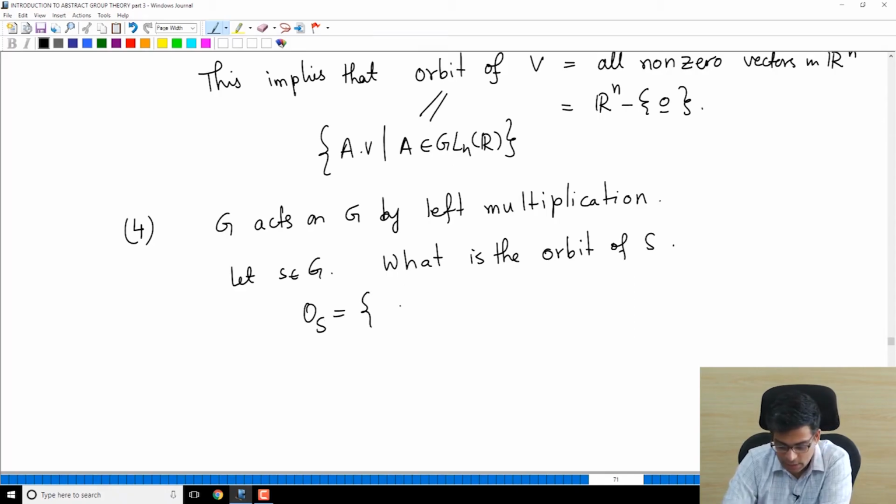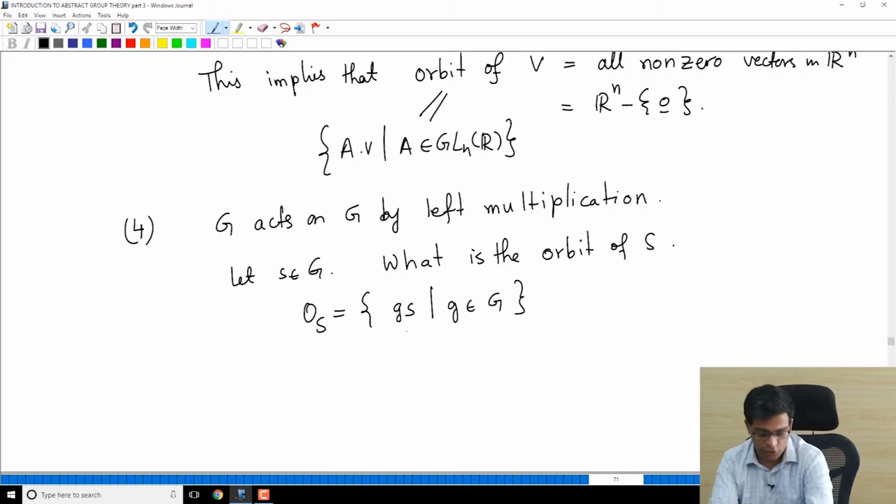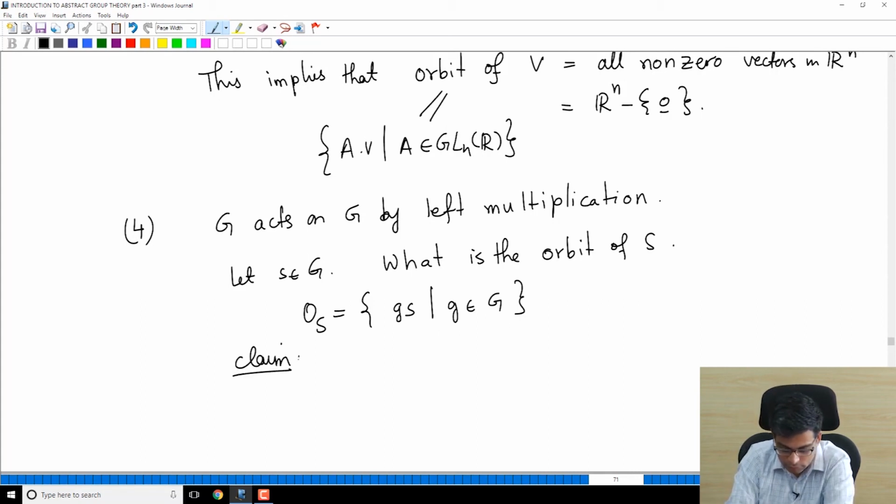Orbit of s is gs, because in this case the action is by left multiplication. So when I write gs, I mean actually the multiplication in the group. It is gs as g varies over capital G. We claim that the orbit of s, again it's small s, okay, is all of G. Why?